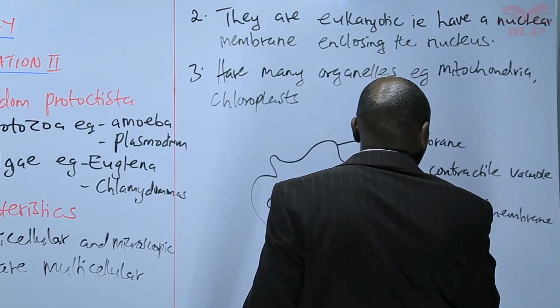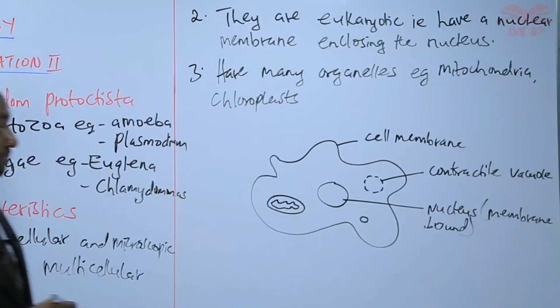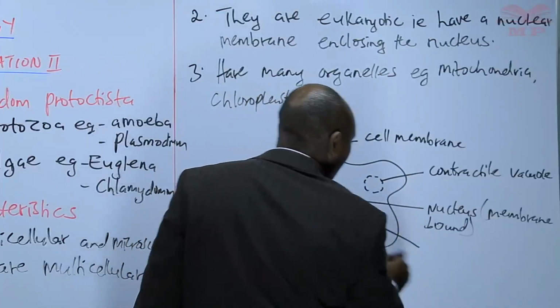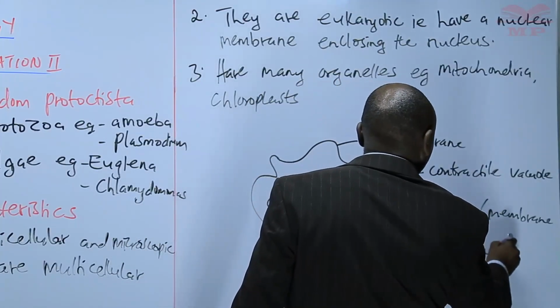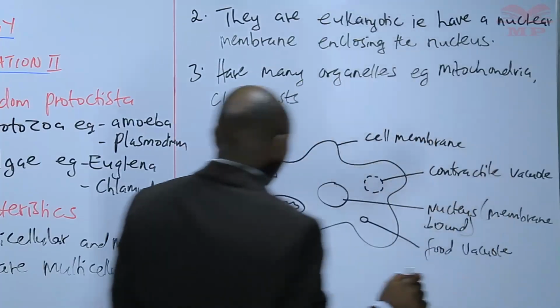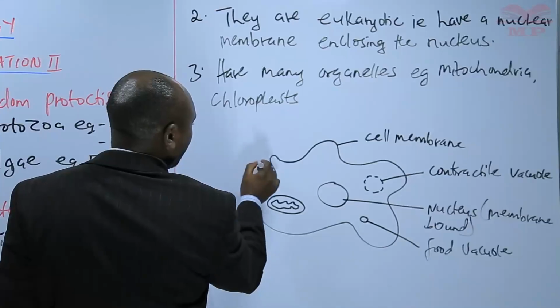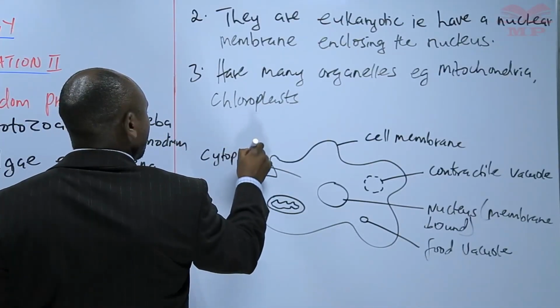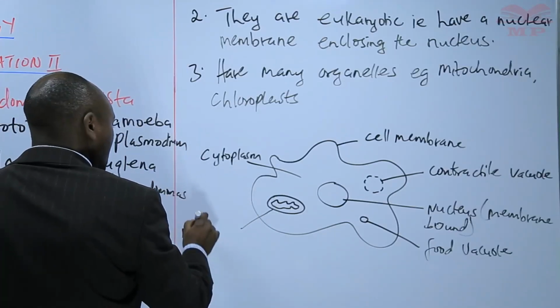That means that it is bound by a nuclear membrane. We will also look at the food vacuole. And we can also look at the cytoplasm inside there, that fluid. We'll also have the mitochondrion.